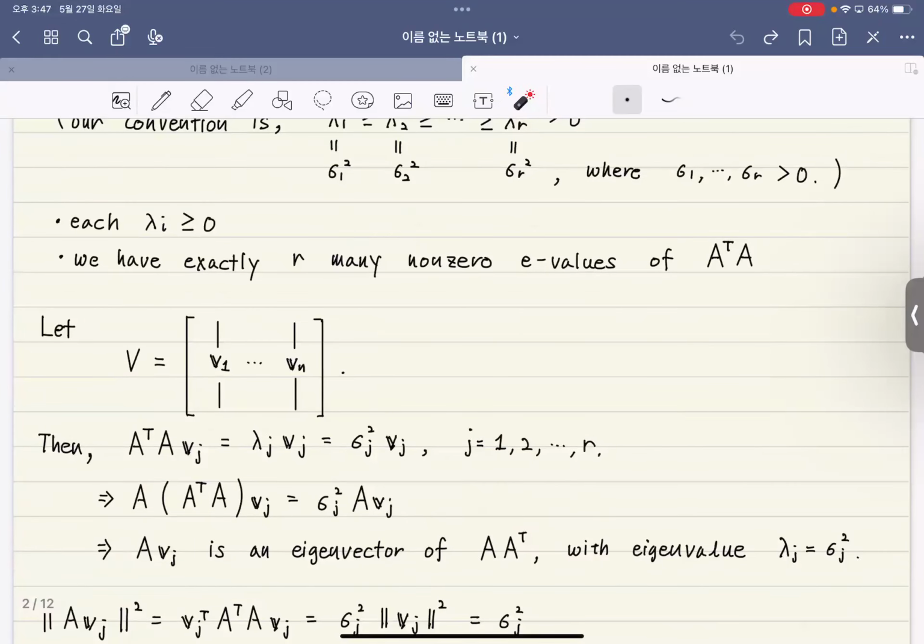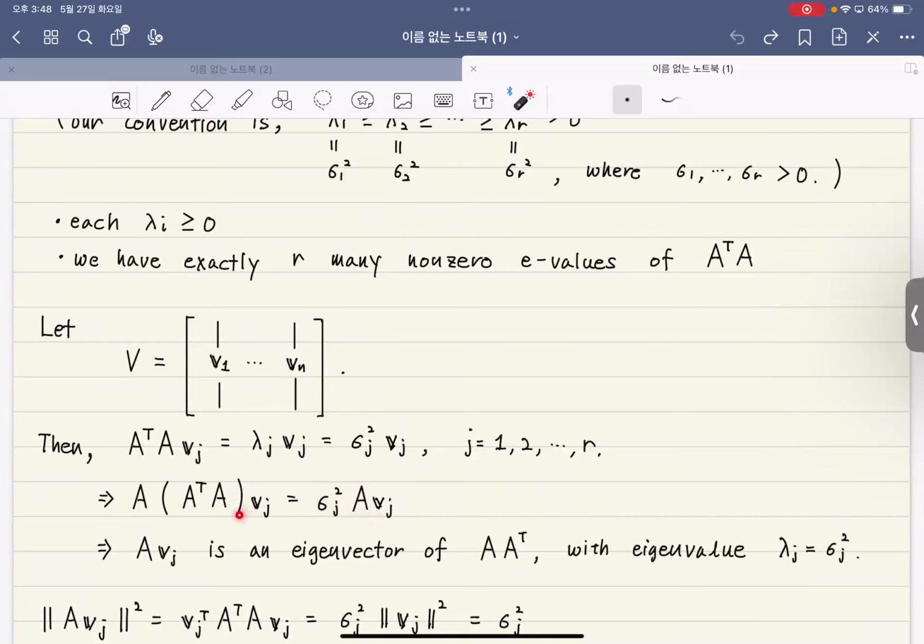Okay, so we have this relation, and if you multiply both sides of the equation by the matrix A to the left, then A A^T A vj is sigma j squared times A vj.